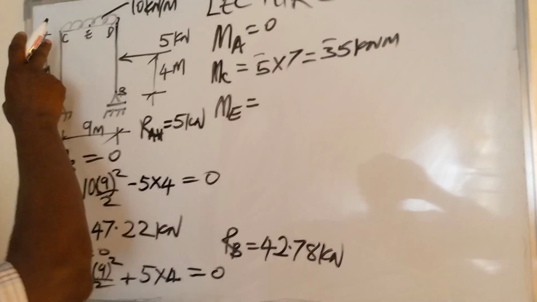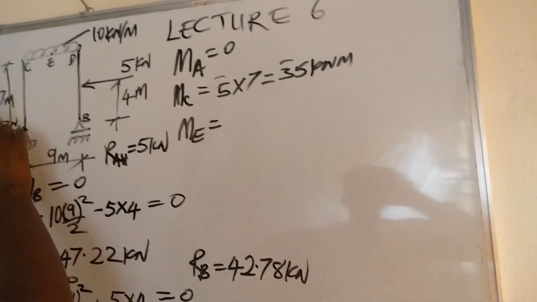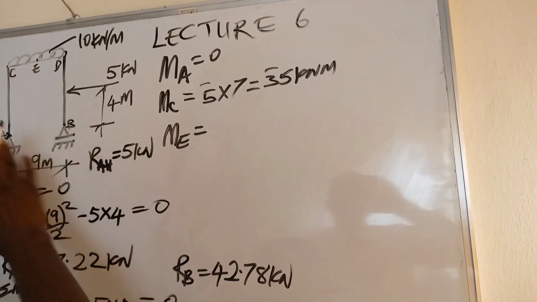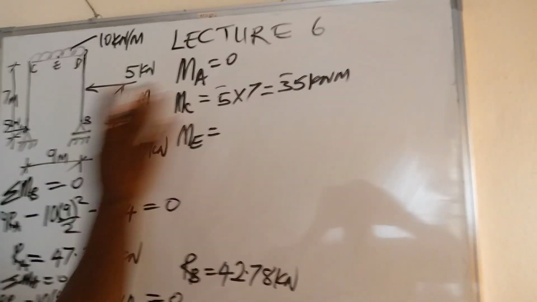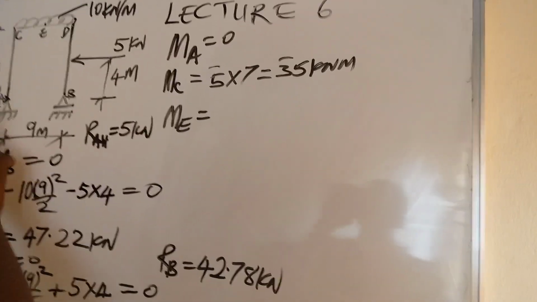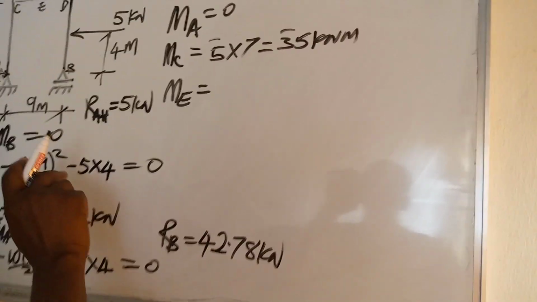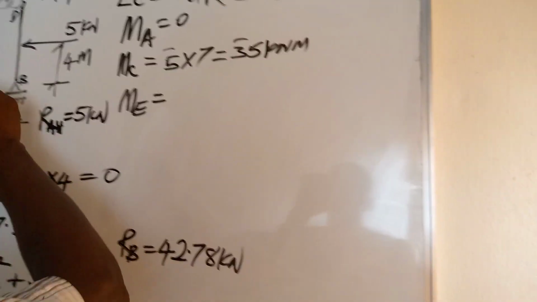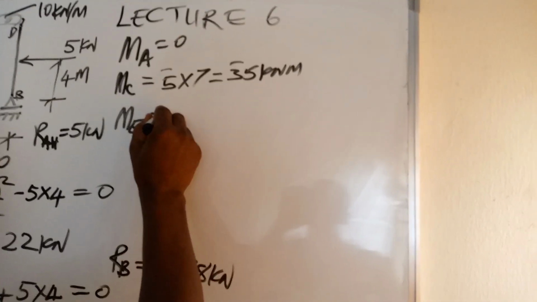When we were trying to get moment at C, the vertical reaction at A did not come in because it's parallel to the distance. That's why it didn't appear there. Now it will come in. So M at E is equal to minus 5 times 7, because the perpendicular distance for this 5 is the height.